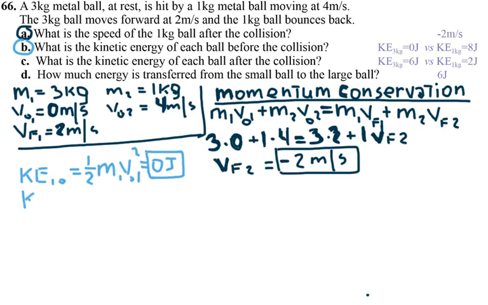The kinetic energy of the second one, initial, is 1/2, its mass is 1, and its velocity squared. So it looks like 8 joules of energy.